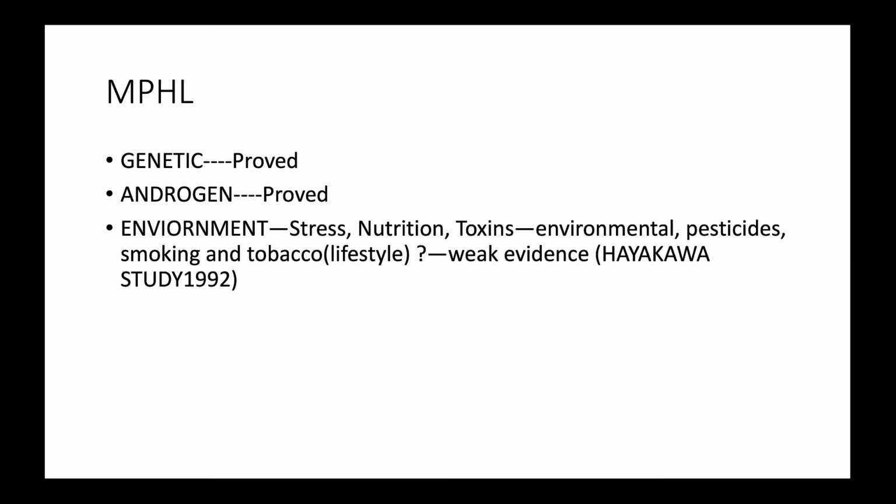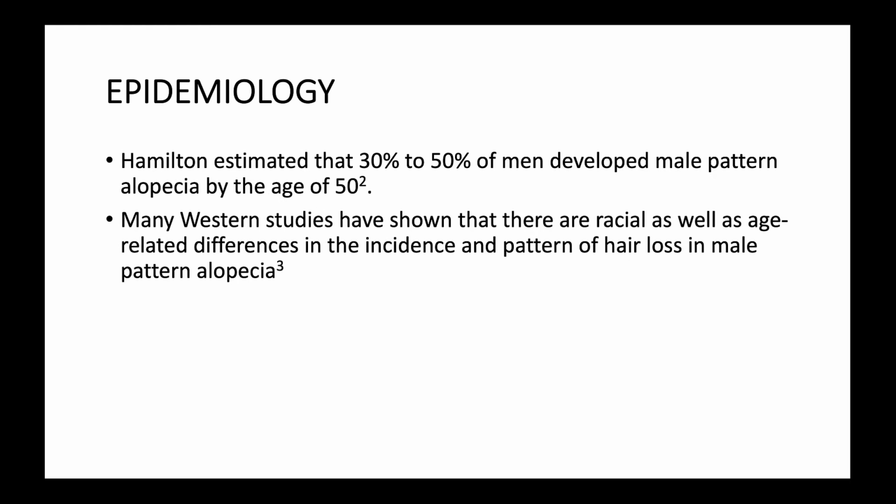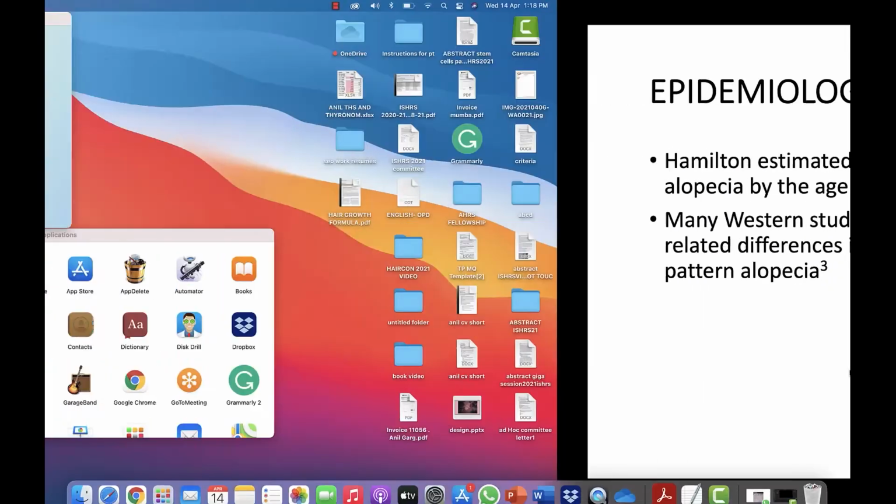But there is one very popular study, the Hankawa study done in 1992, in which 151 identical twins were studied, and they showed the environmental effect was only 8%. On epidemiology, Hamilton estimated that 30 to 50% of men develop male pattern baldness by the age of 50 years. Many Western studies have shown racial as well as age-related differences in the incidence and pattern of hair loss in male pattern alopecia.